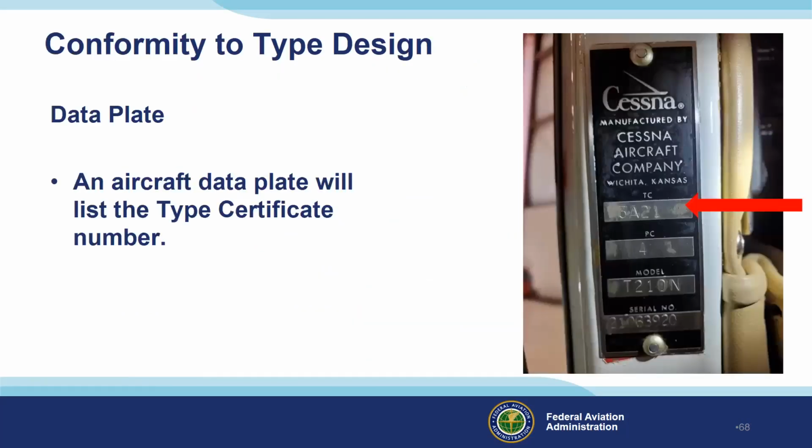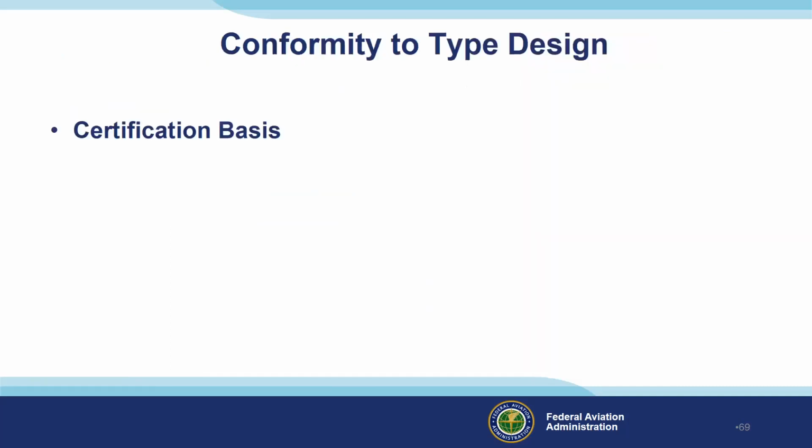And here's the data plate on a door of a T210. It tells what the type certificate number is. In this case, it's 3A21. Aircraft are type certificated under different parts.